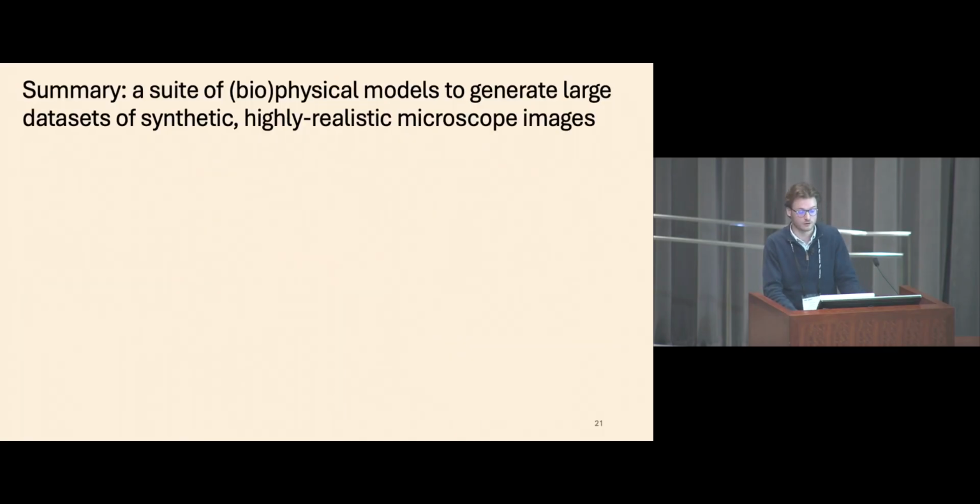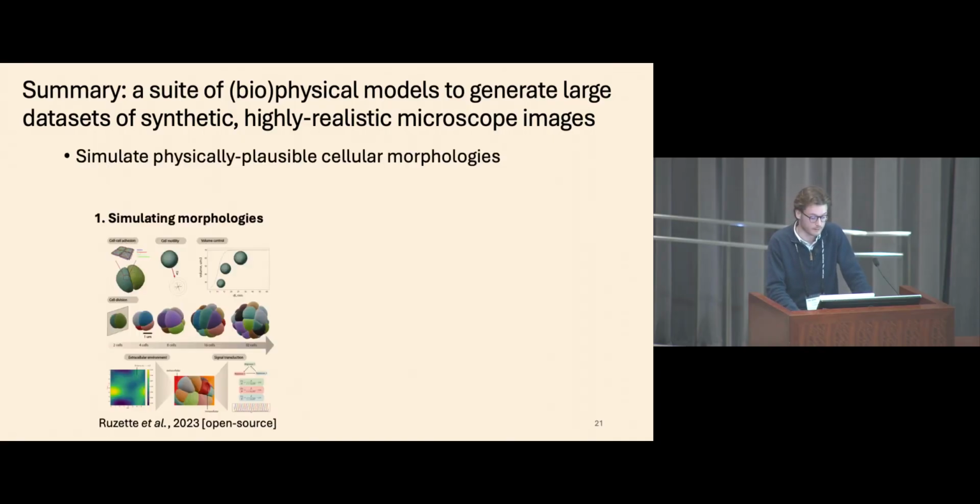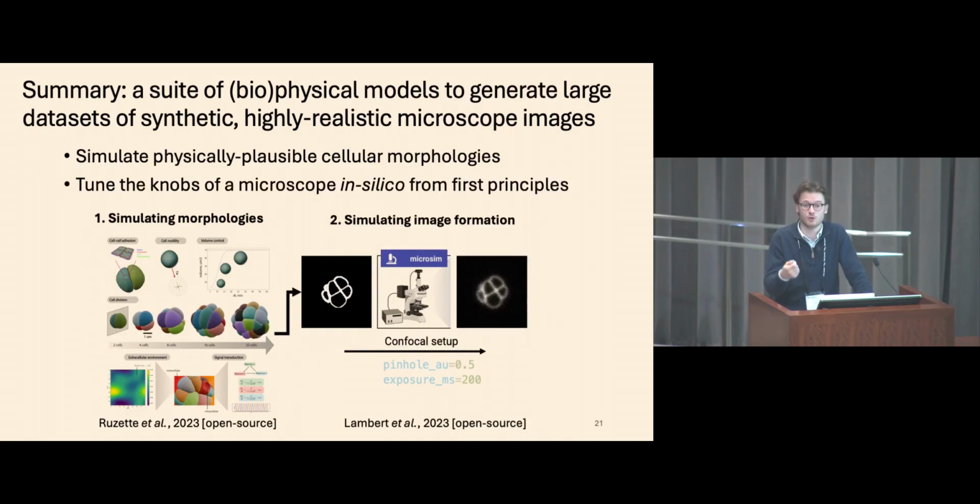And so, as a summary here, we have developed a suite of biophysical models to generate large data sets of highly realistic yet synthetic microscopy images. We now have tools to simulate physically plausible cellular morphologies and developing tissues with Go. We also have a tool that allows us to tune basically all the knobs of a microscope in silico, simulated from first principles.